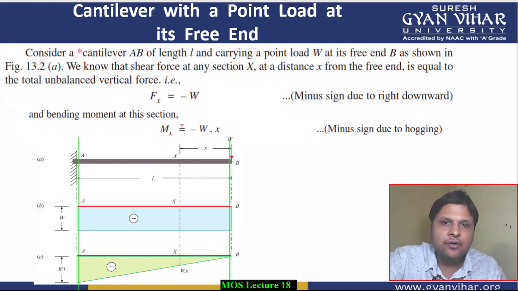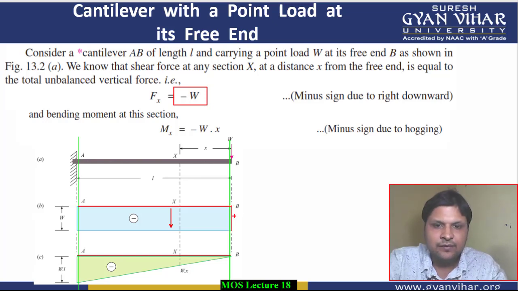Now the shear force value is minus W everywhere. Since it is negative, as I have told you, negative values are shown below the baseline. So here we will take the value, and the value is minus W. So W length we will take.